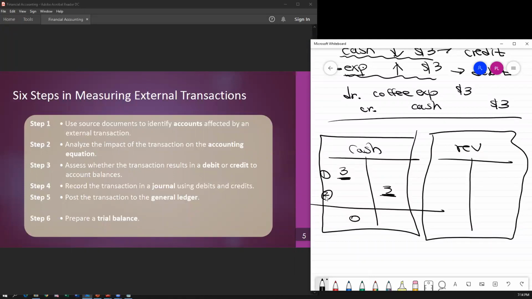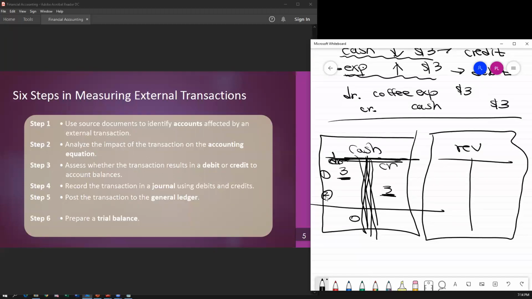Okay, now this is usually called a T account. So in accounting, we use T accounts all the time. First we draw a T here, or table, however you call it. On the left side, we always use debits.